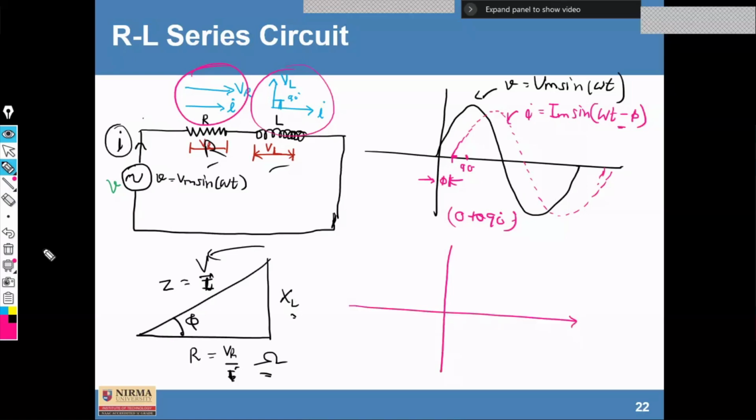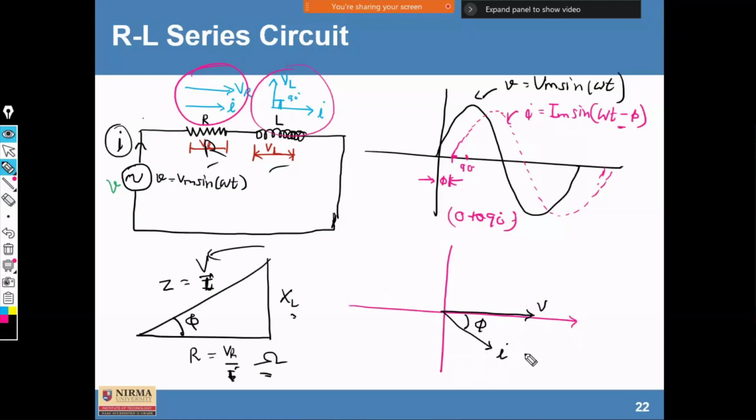Suppose we draw the voltage vector, then the current vector, which varies between 0 to 90 degree. But the current vector is always represented in the lagging condition, and this lag is Im sin(omega t minus phi). So if phi is 45 degree, then it would be omega t minus 45 degree. So we can represent the two different vectors of voltage and current in this fashion.